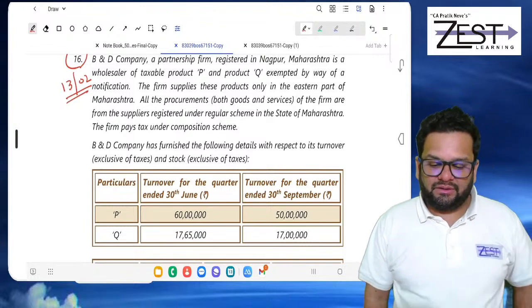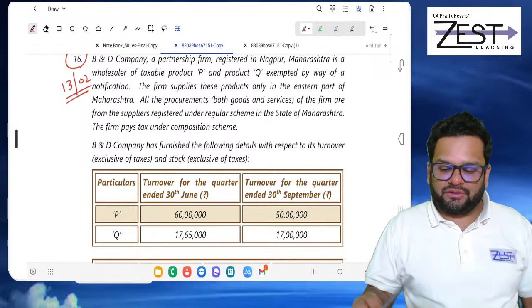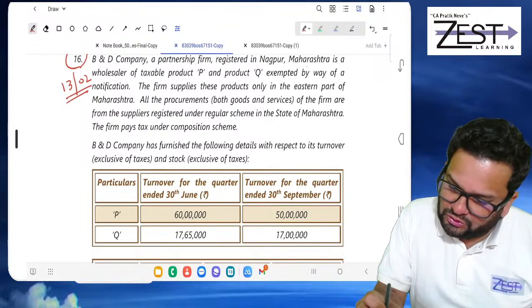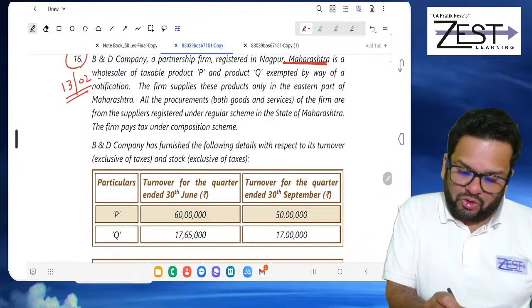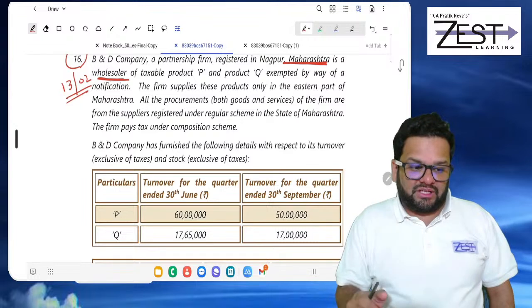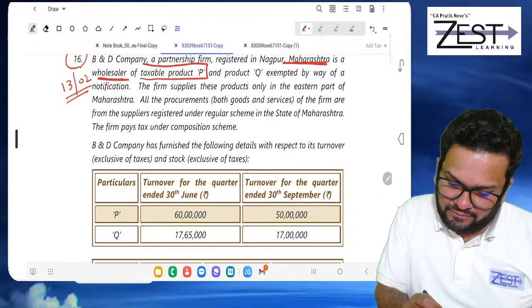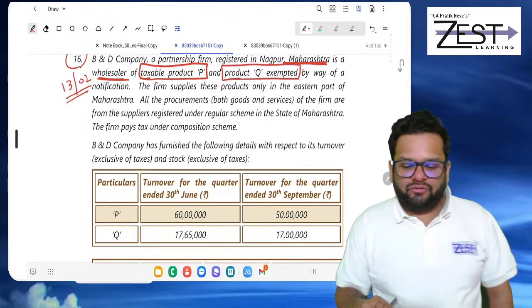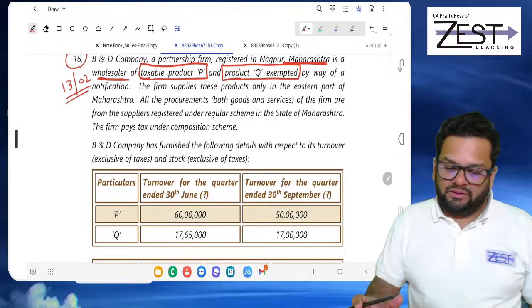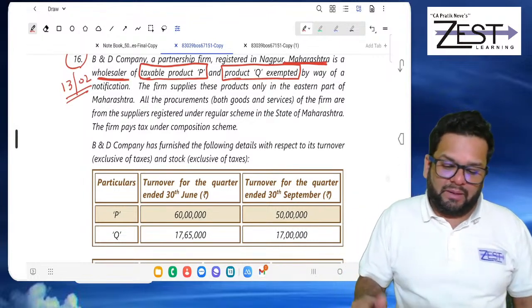B&D company, a partnership firm registered in Nagpur, Maharashtra. So I am talking about a firm in Maharashtra. It is a wholesaler, so I am talking about a trader, a wholesaler of taxable product P and product Q, which is exempted by way of a notification. The firm supplies these products only in the eastern part of Maharashtra.